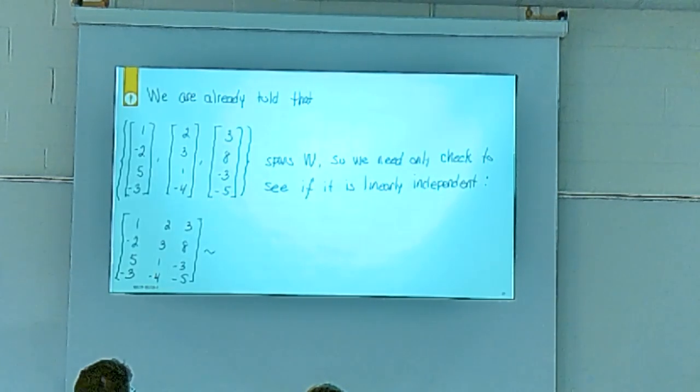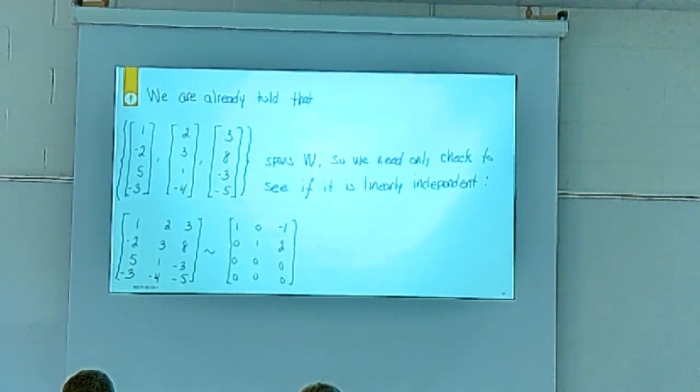Go ahead. By column 1, 0, 0, 0, 0, 1, 0, 0, -1, 2, 0, 0. Does that prove linear independence? No, so these are linearly dependent, right?